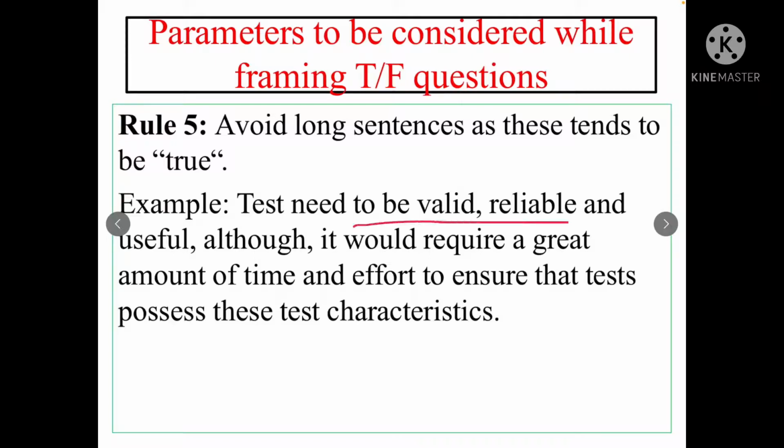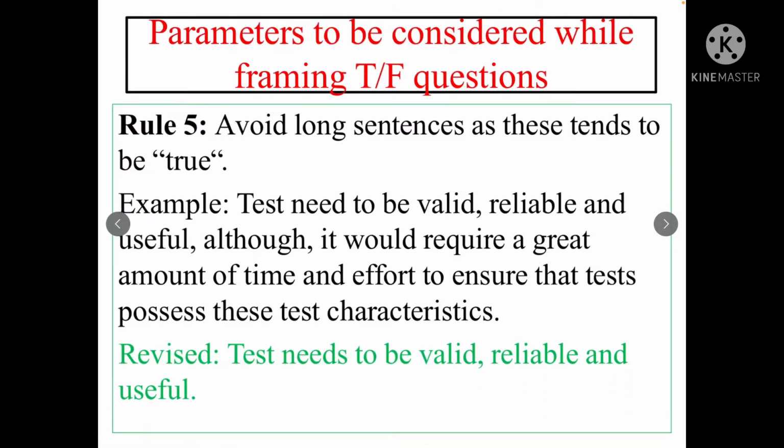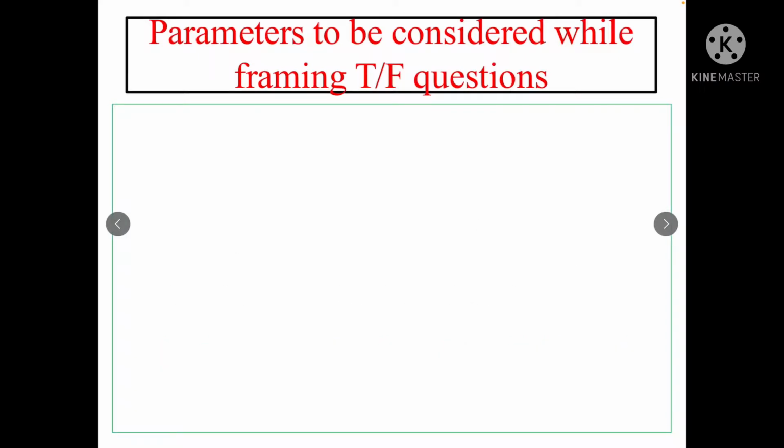Here we are giving a very long sentence, and the students may face difficulties in reading the long text, whereas the question should be like this. Tests need to be valid, reliable and useful. No need to write all these details in your questions. Now comes the next one.